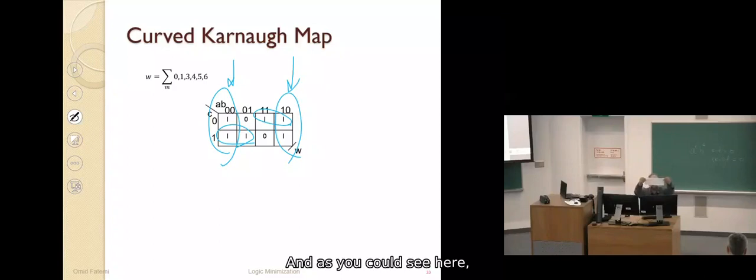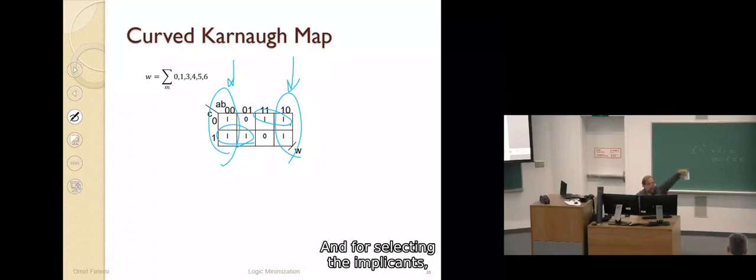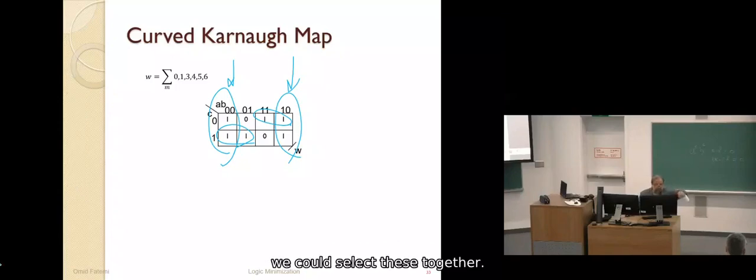And as you could see here, if you put them like that, it is a curve. So these 2 columns also have adjacent terms. Okay? And for selecting the implicants, we could select these together.